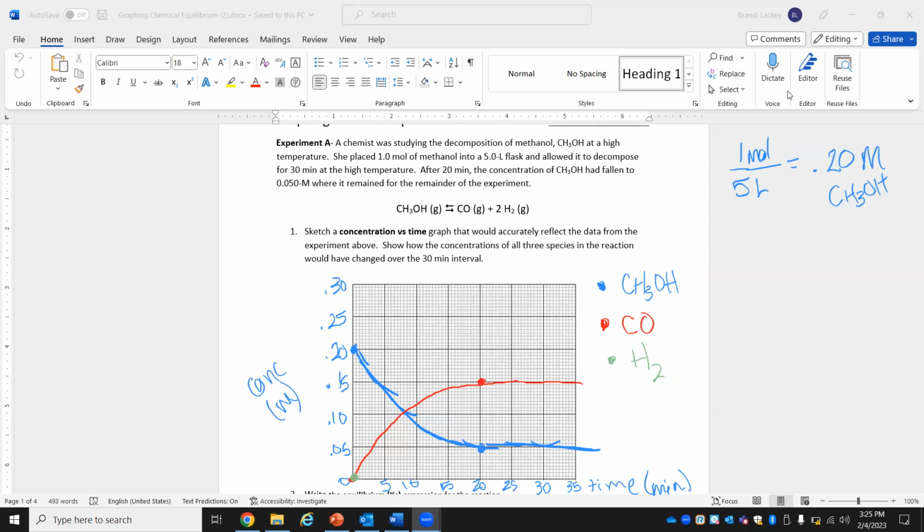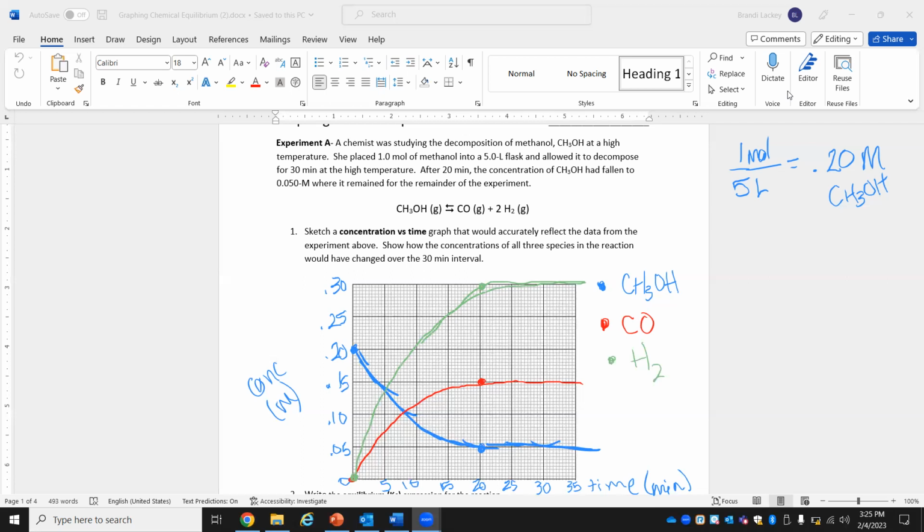We said that carbon monoxide went up by 0.15. Well, hydrogen should go up by twice that much. So hydrogen would go up by 0.3 and still reach equilibrium at that same point in time. So this has a much higher slope. Excuse my drawing. So that's kind of what the graph would look like for these.